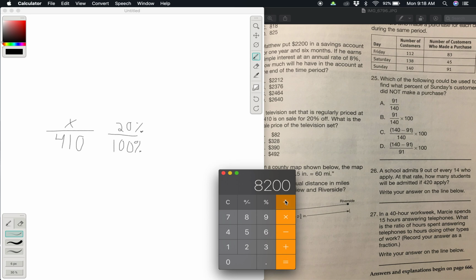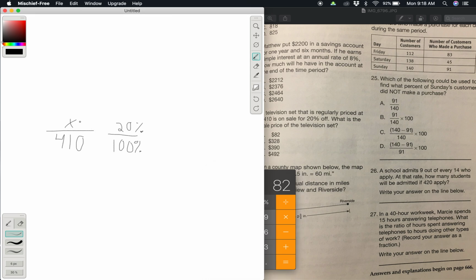Then divide that horizontally this way. 8,200 divided by 100 equals 82. So we see that it's 82.